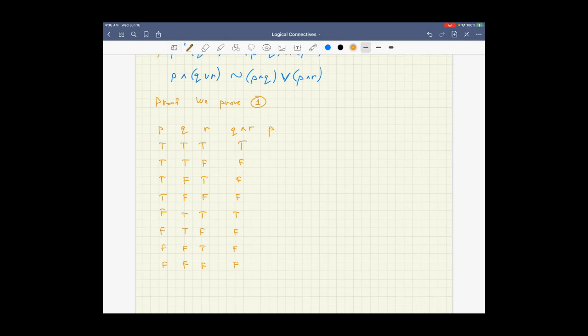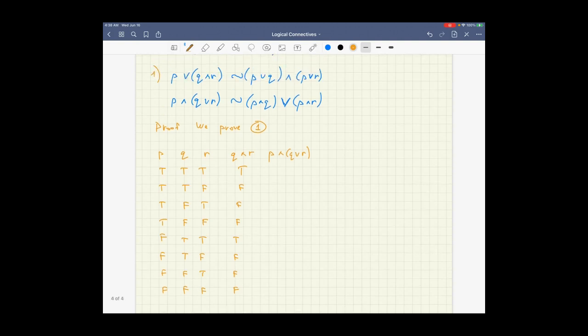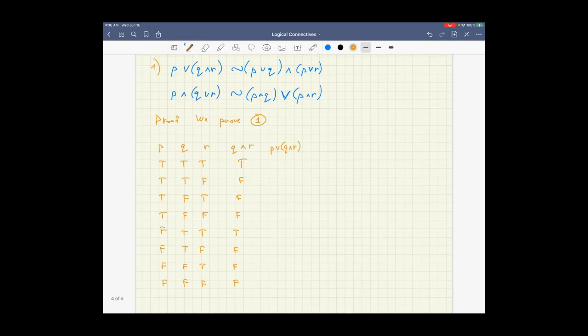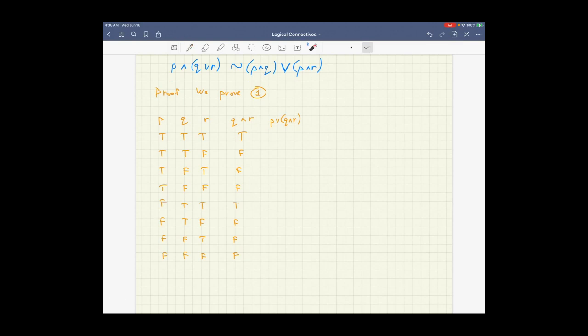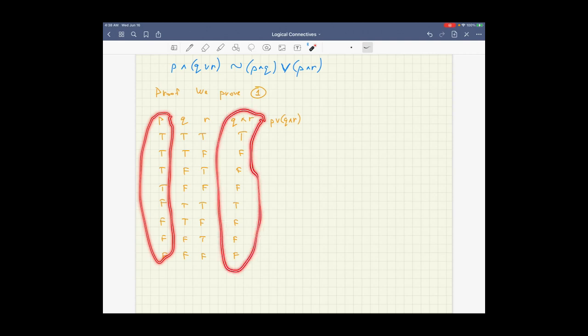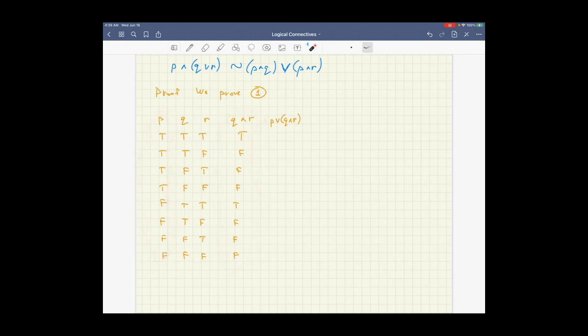Now let's make a column for P or Q and R, sorry, I misread. P or Q and R. This time we consider the OR statement of P and the column for Q and R. The OR statement is true if and only if at least one of the arguments is true.